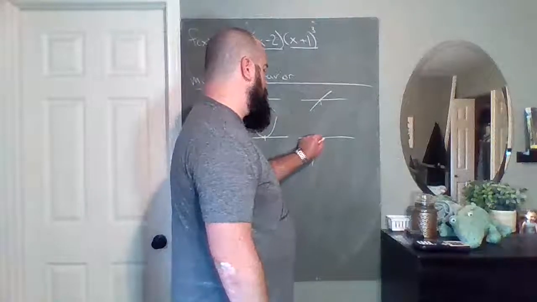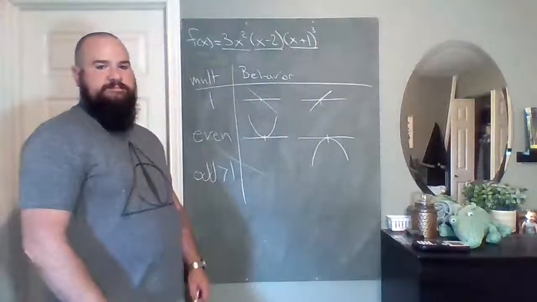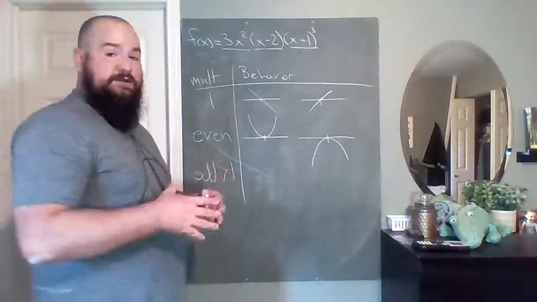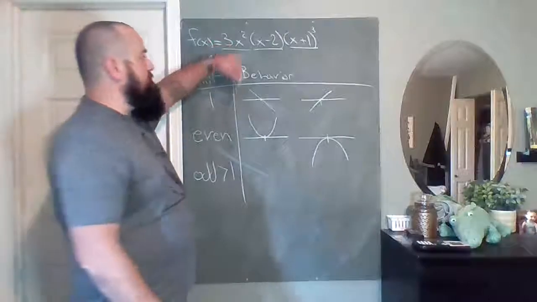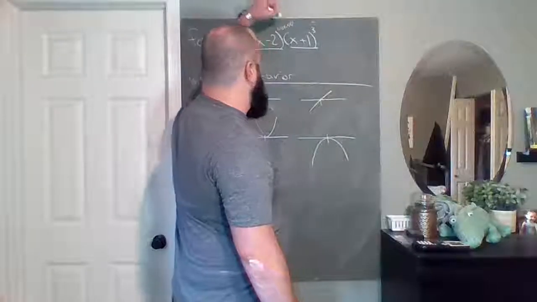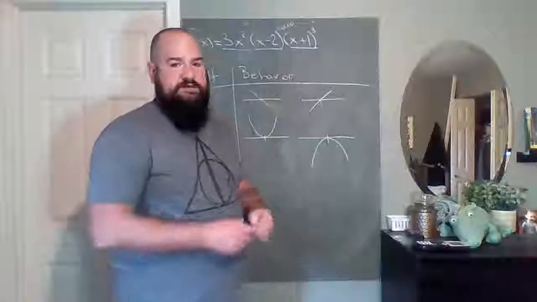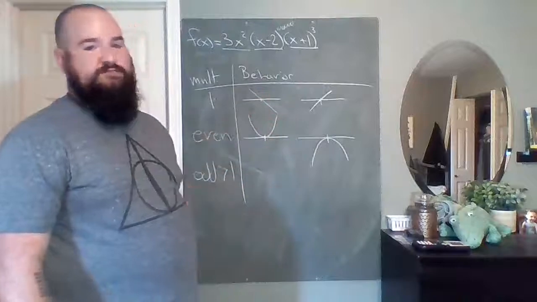Or it's going to similarly come up, touch that root, and bounce off. It doesn't matter if it's squared like this, or if I were to write this one as 100,000. It is going to touch at that root and bounce off. That's what it does.